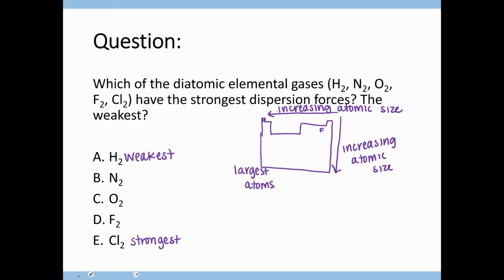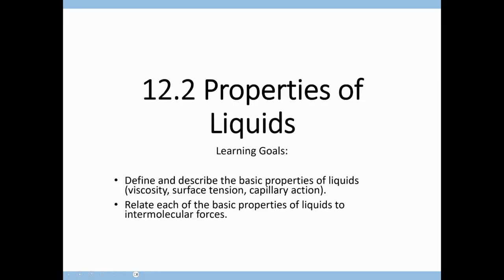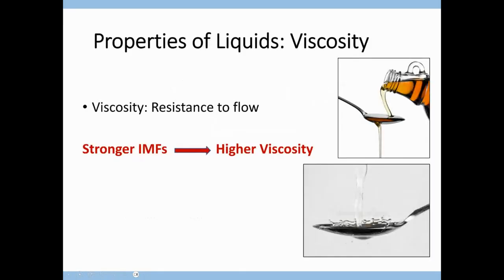Okay, we're going to take what we learned about intermolecular forces and talk about properties of liquids. So properties that result from having stronger or weaker intermolecular forces. The first is viscosity. Viscosity is defined as a substance's resistance to flow. So I have a picture of syrup getting poured on a spoon and water getting poured on a spoon.